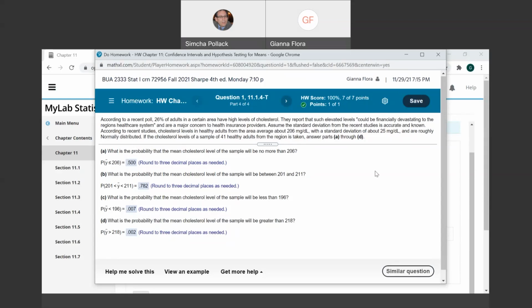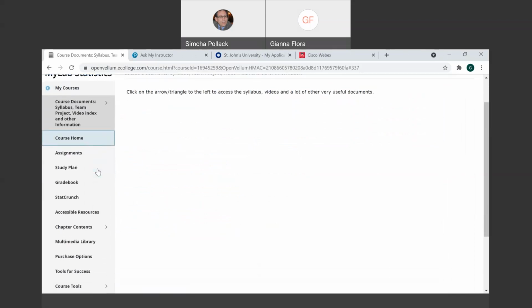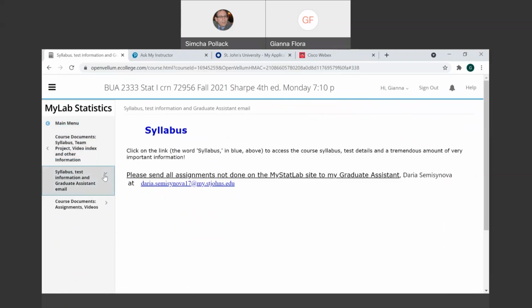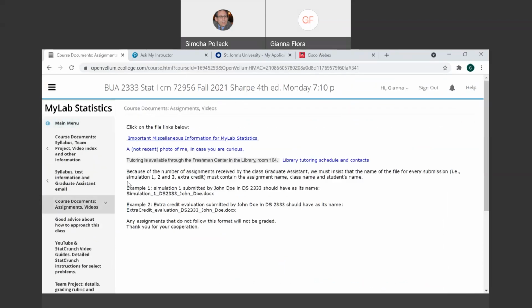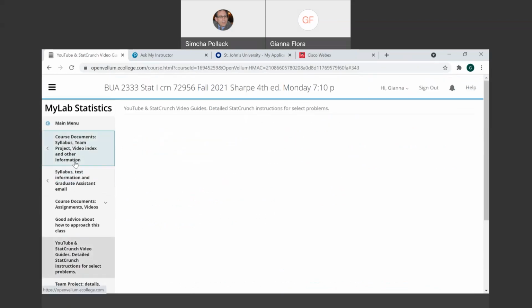Before we do this example, can you go back to the left side where it says main menu? Go to the main menu and click on documents, the one right below that. Click on that. Now click on the next thing up below that. Oh, the syllabus. Yeah, and below that is some more documents. These are all the documents. Click on the next thing. Then you go down to YouTube, and click on that.